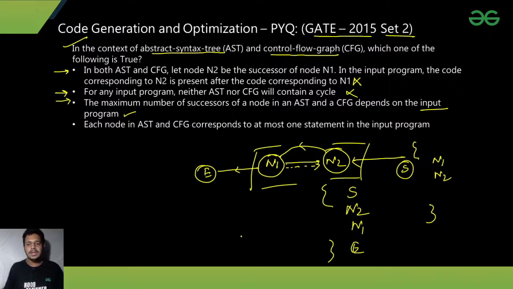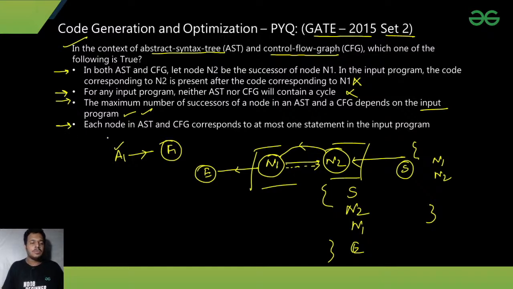Suppose we have some input program A1, there will be a specific flow graph for it, and this program decides how many nodes and how many edges there will be in the flow graph. So that is obviously true.